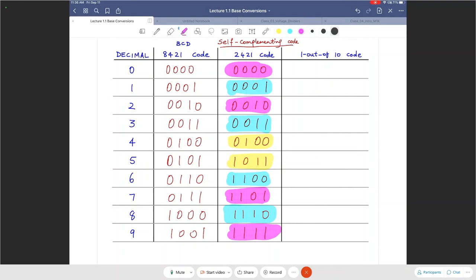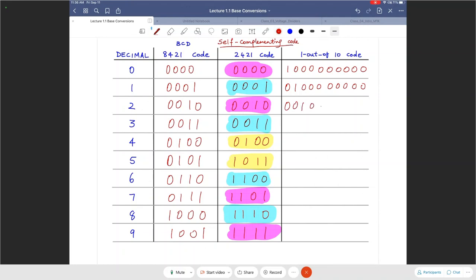Next, the 1 out of 10 code. Actually, that's the simplest. 1 out of the 10 bits will be a 1. For 0, it will be the first bit: 1, 2, 3, 4, 5, 6, 7, 8, 9, 10. Next, for 1, the next position.